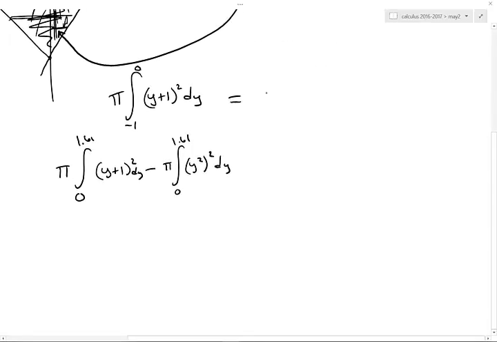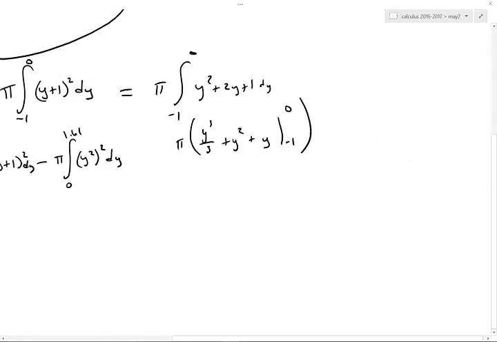So this top one is pi, of course, the integral of y squared plus 2y plus 1 dy, from -1 to 0. Y cubed over 3 plus y squared plus y from -1 to 0.